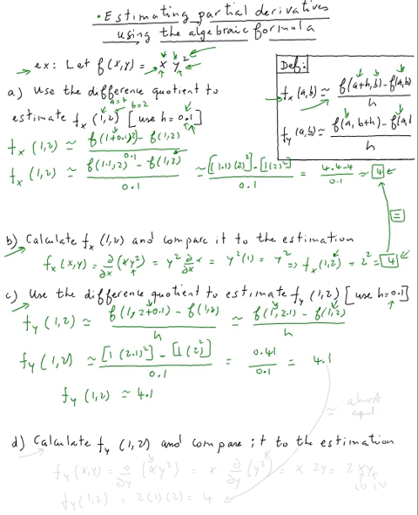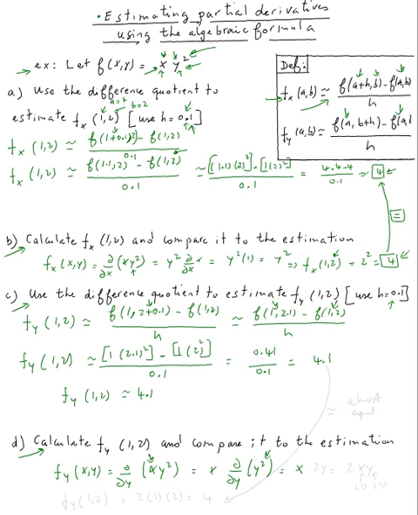So let's calculate the actual partial derivative with respect to y of 1, 2. Now the partial derivative fy of any x, y is going to be the partial with respect to y of our function x y squared. Now x is constant, take it outside. Partial with respect to y of y squared.